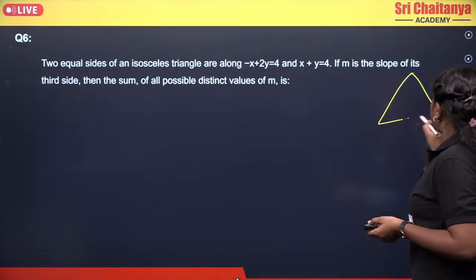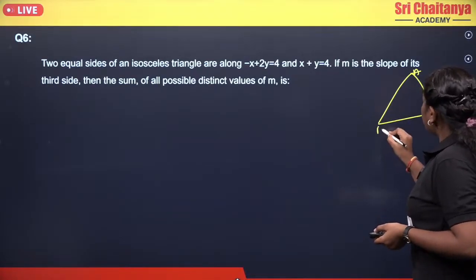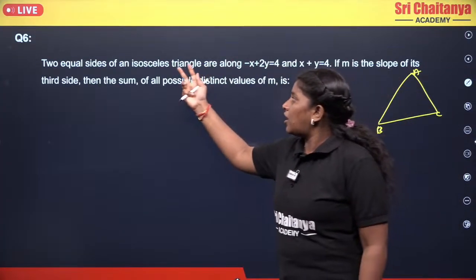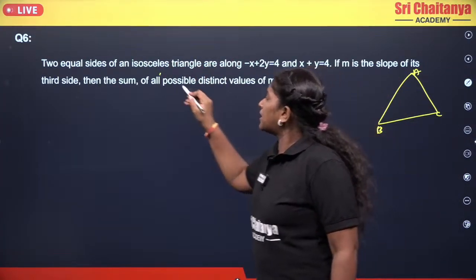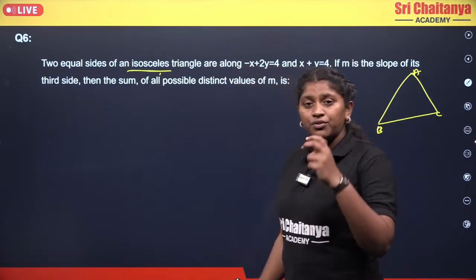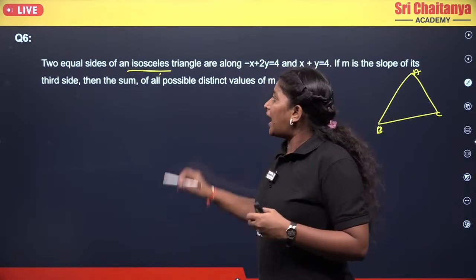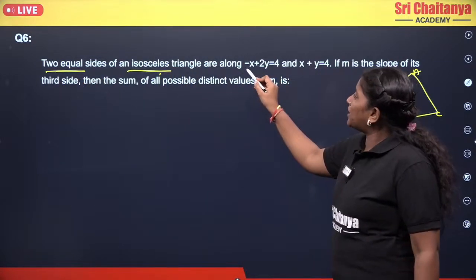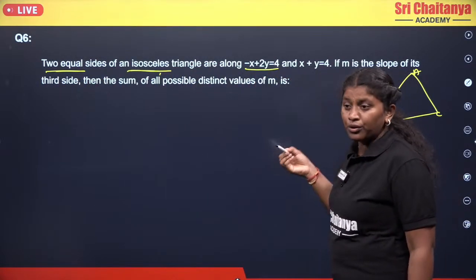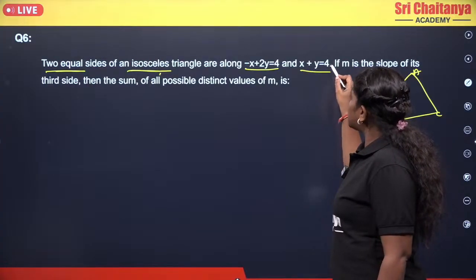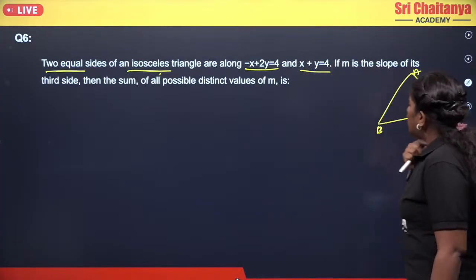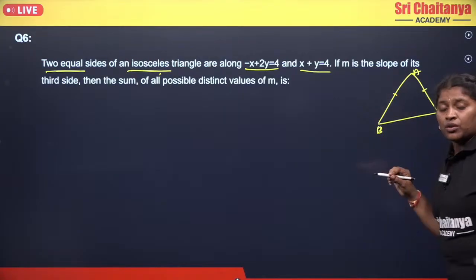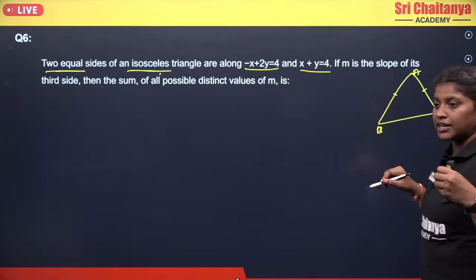We will take a triangle, you can name it ABC. What they are saying is that the given triangle is an isosceles triangle where two sides are equal, and those two equal sides are represented by minus x plus 2y equals 4 and x plus y equals 4. Now if I consider AB equals AC, with the help of the property of an isosceles triangle, what can we write?